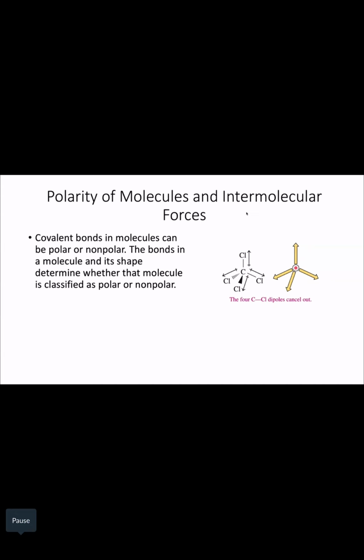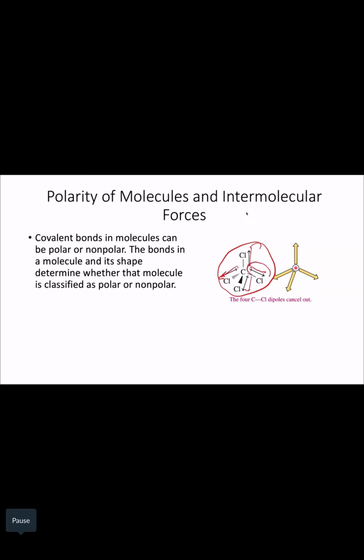Here we have a tetrahedral shape, with chlorine instead of hydrogen. If we look at each bond individually, it should be polar. But now we have to deal with something else, the geometry. You see this one pointing up, that one pointing down, this one pointing down, and that one pointing up. So those are going to be pointing in the opposite direction.